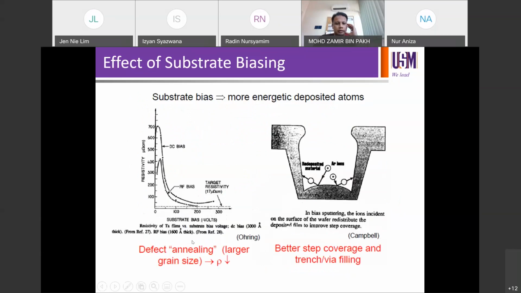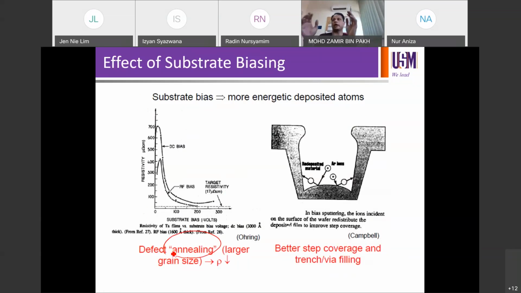So substrate bias again. Substrate bias, resistivity. Well, this one is the properties of the DC and RF bias. You can also, while doing the etching process on the substrate, induce an annealing effect.